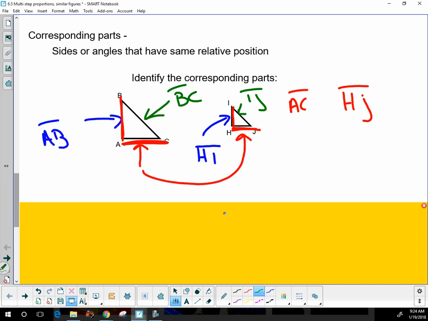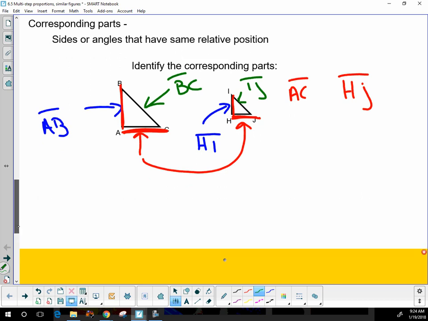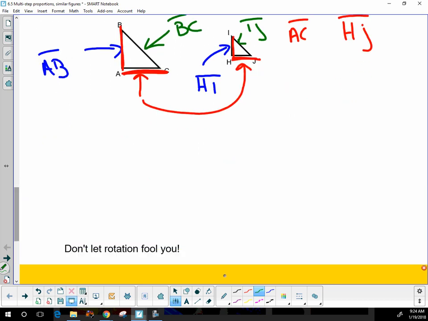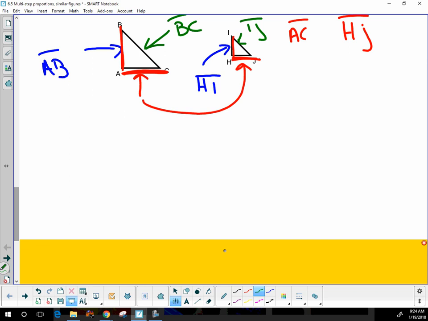So, how's that deal with what we're doing in math? How does that add up? Well, if I wanted to set up a proportion, I would think, okay, well, I'm talking about this guy here. AB relates to HI. Sorry.